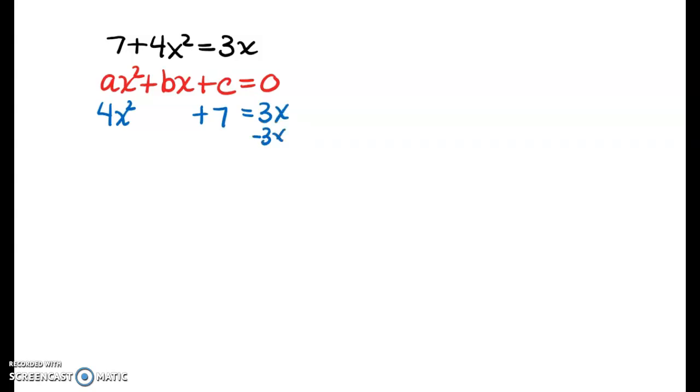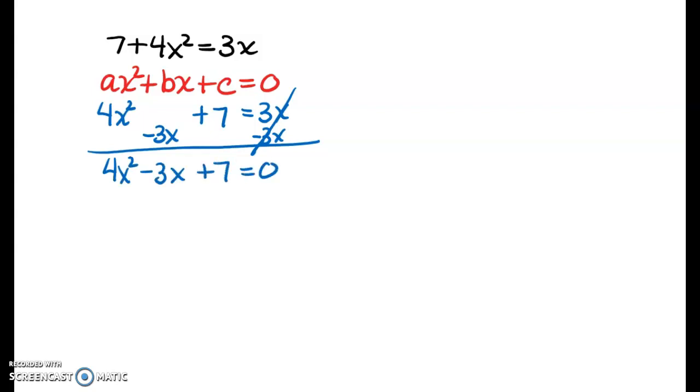This has to be moved to the other side because my equation needs to equal 0. So I end up with 4x squared minus 3x plus 7 equals 0. So now I'm ready to find A, B, and C, and I notice A is 4, B is -3, and C is 7.